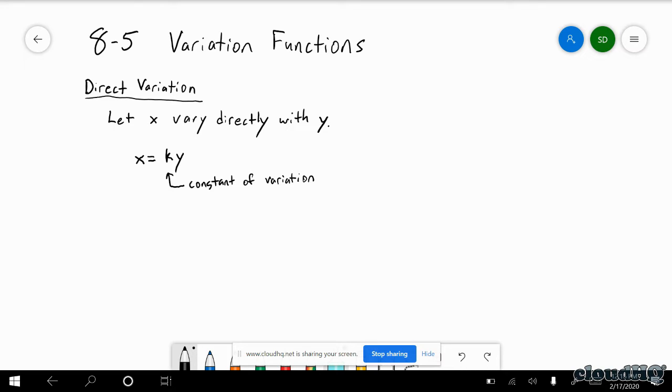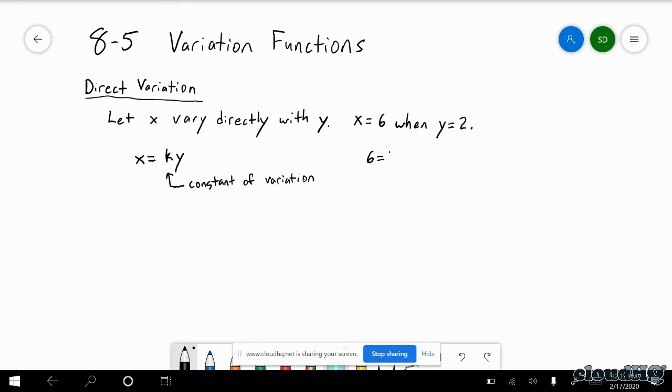So let's go ahead and take this scenario, add some numbers to it, and then see if we can use that to predict a future value. So let's say that X equals 6 when Y equals 2. Let's take that data right there. Could we figure out what the K value is, what the constant is? Sure. Let's go ahead and plug those in.